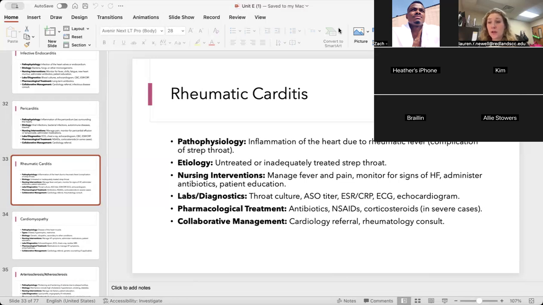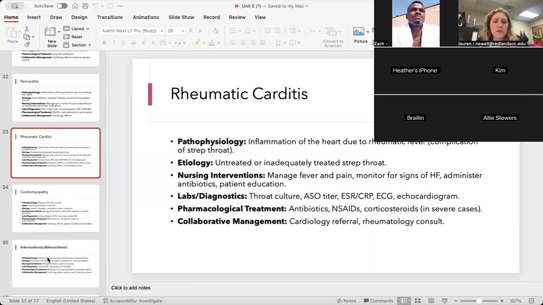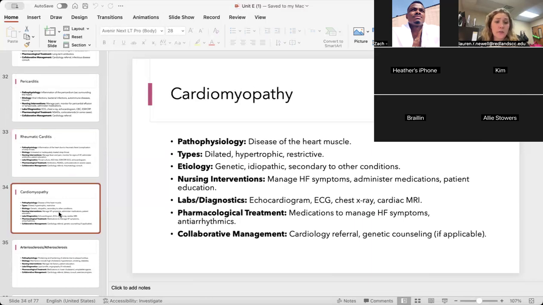In the old days, people actually did die from this because they didn't have antibiotics. The strep infection would lead to inflammation of the heart due to the rheumatic fever caused by strep throat. It's an interesting pathophys, but we always want to make sure that we're treating strep throat like we should.